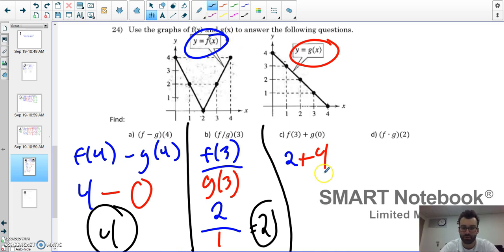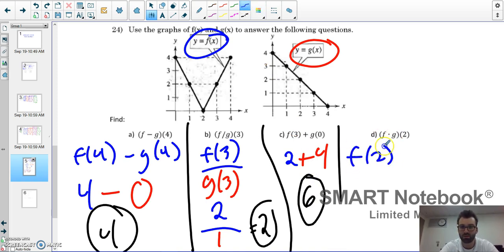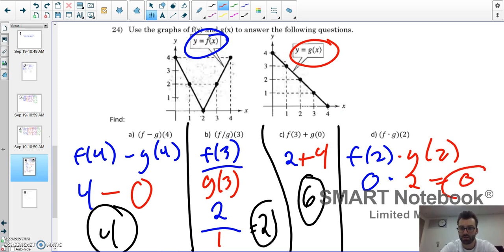So our answer is 6. Last one, f times g. f of 2 times g of 2. f of 2 is 0. g of 2 is 2, which just gives me 0.